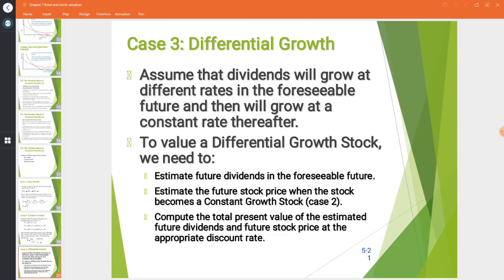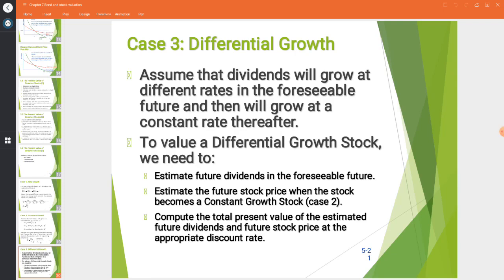The third case of stock valuation is a stock with differential growth. Differential growth means that you have a stock giving dividends, but the dividend is growing at different rates in the foreseeable future.